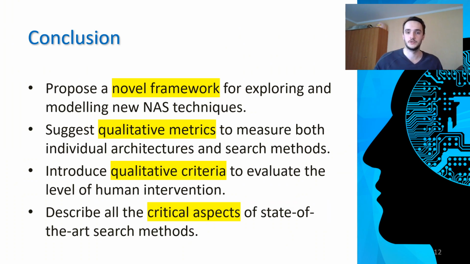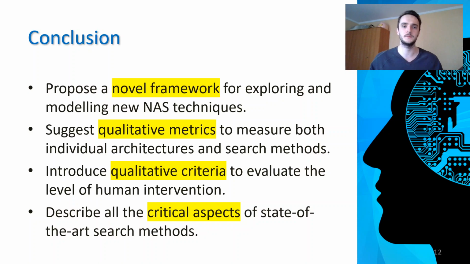So, conclusion. To sum up, we propose a new framework for exploring and modeling new search techniques. The qualitative evaluation side of our approach is based on the standard metrics that measure both individual architectures and search methods.